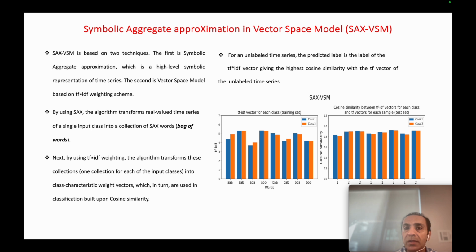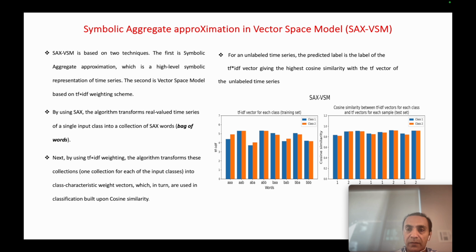For an unlabeled time series, which is the unlabeled testing data in our case, the predicted label is the label of the TF-IDF vector coming from the training data set that we have already labeled, and that gives the highest cosine similarity with the TF vector of the unlabeled or testing data time series.